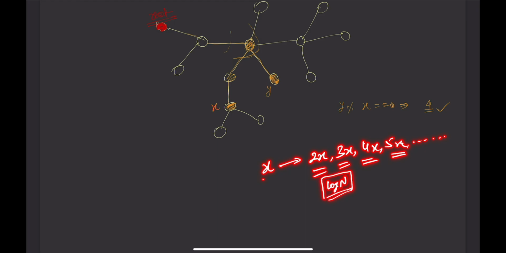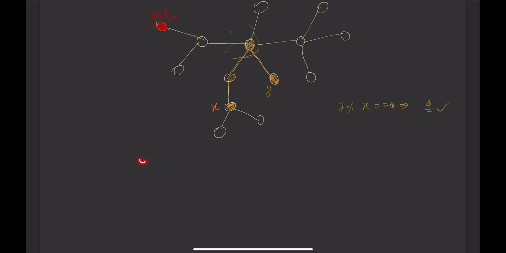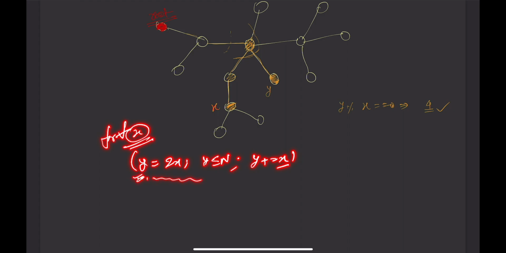So y is equal to 2x and y less than equal to n and y plus equal to x. So for every x, these are the y's. That means it will be n log n, and log n for the LCA. So these many pairs, and this will be the LCA.